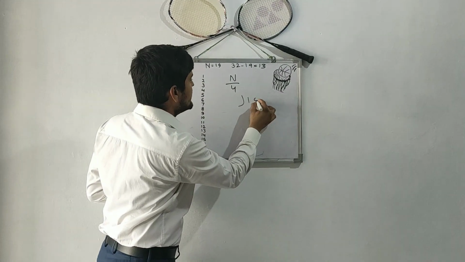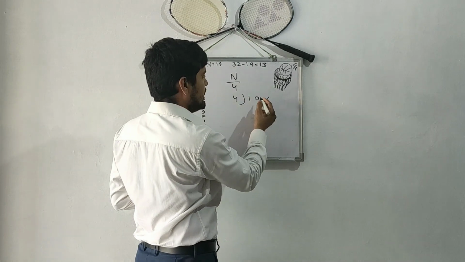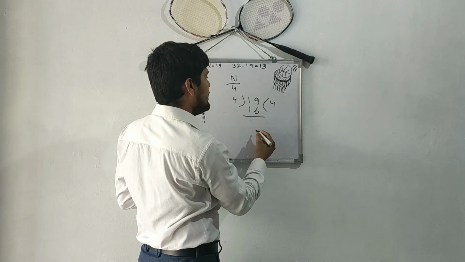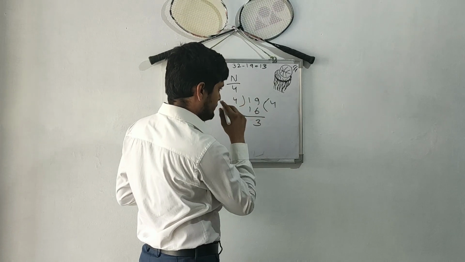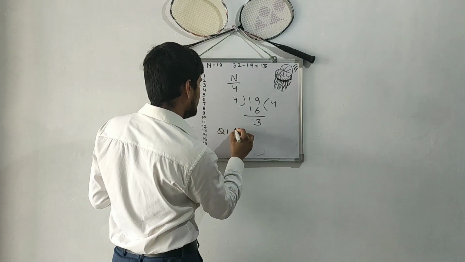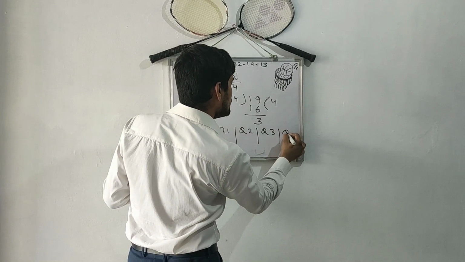So here is 19 and here is 4. If you divide this, 4 fours are 16, remainder is 3.